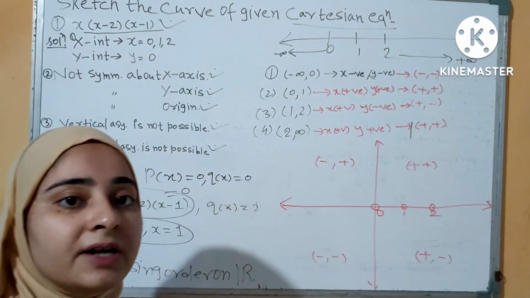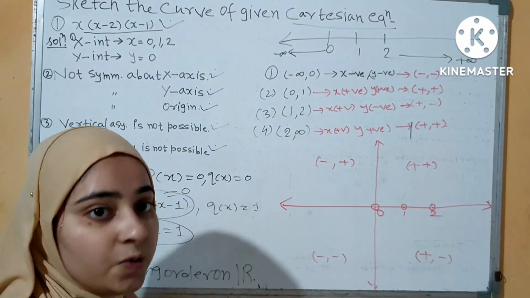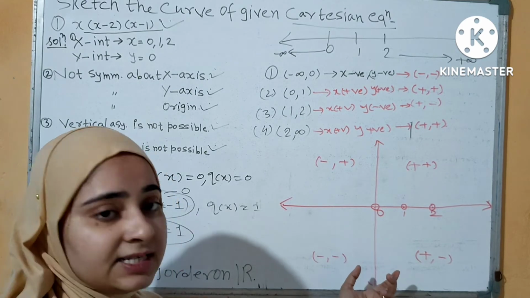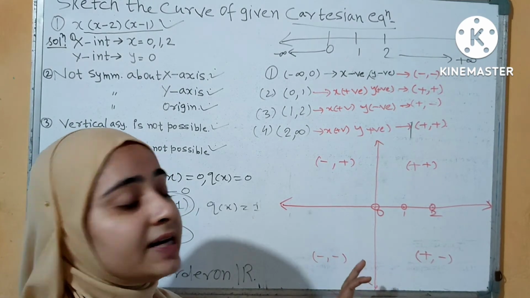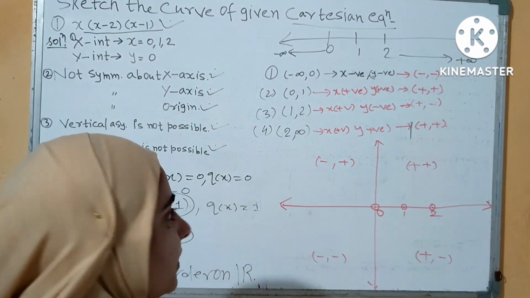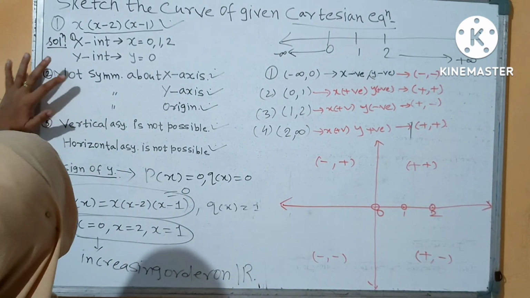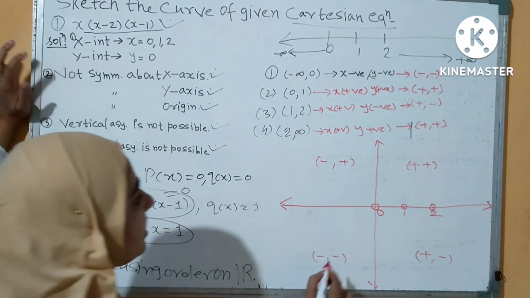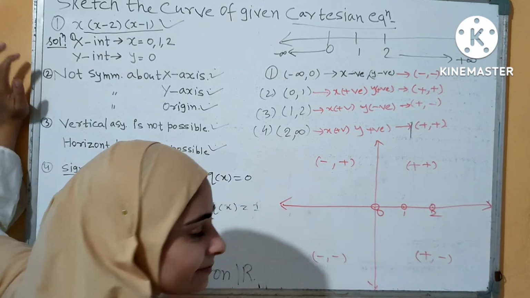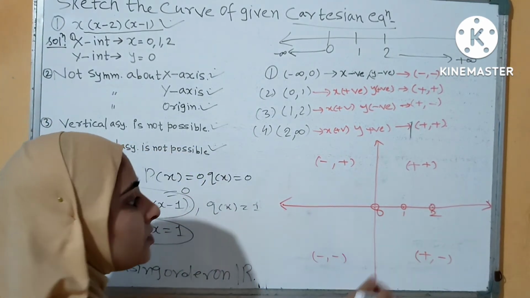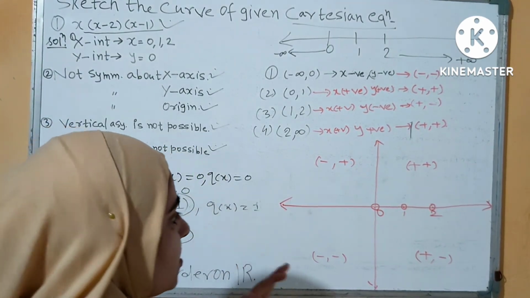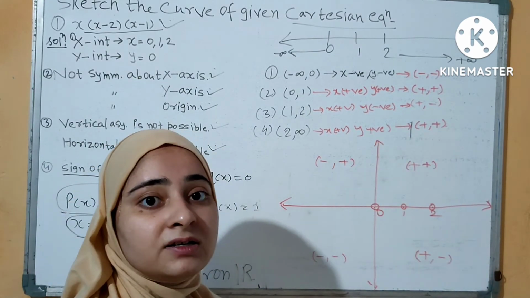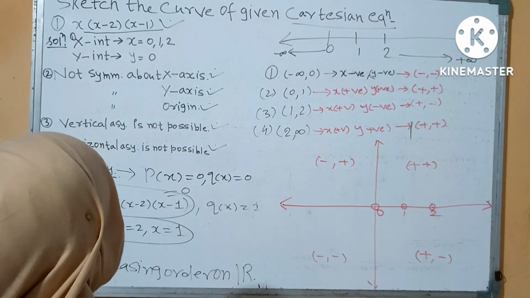Intercept means your graph will pass through those points. Now in the next level you will see our graph will pass through these 3 points. And y is equal to 0 is again an intercept, the y-intercept. So this x is equal to 0 as well as y is equal to 0. So your graph has one point common.